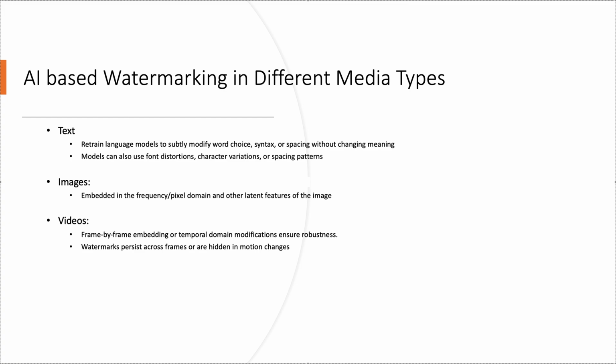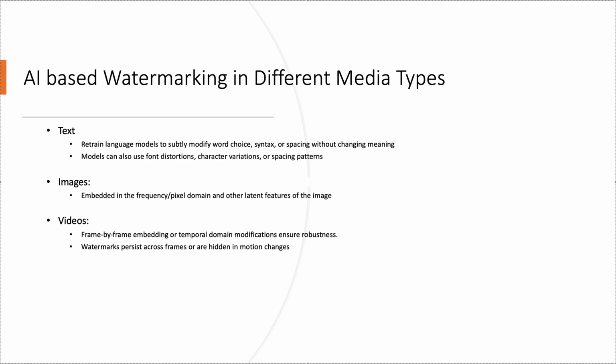Now, video watermarking takes this complexity to another level because we're dealing with temporal dimensions, time and motion. AI-based video watermarking works in two primary ways. First, there's frame-by-frame embedding, where each individual frame gets watermarked, similar to images. But the AI ensures consistency across frames, so the watermark doesn't flicker or become detectable through frame comparison.